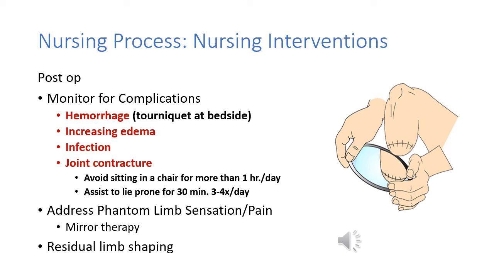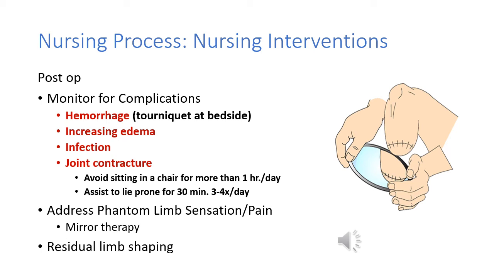We will want to promote that return of fluid back to the heart and not have it sit in the most distal place. So we also will look at the incision and the extremity itself for evidence of infection, which can occur with any surgical procedure.